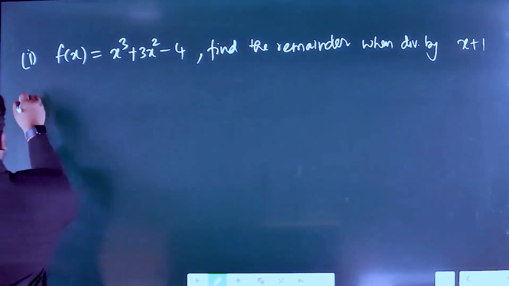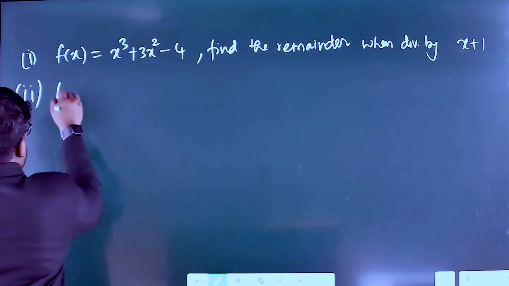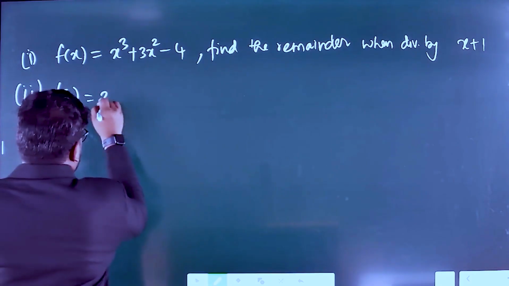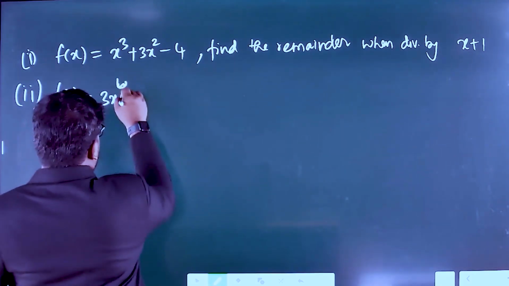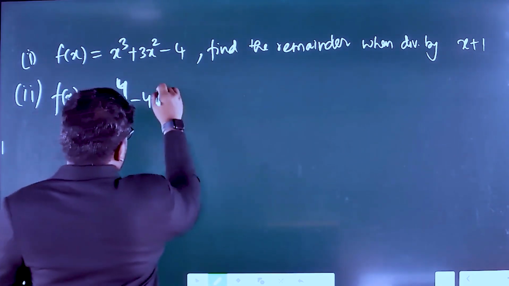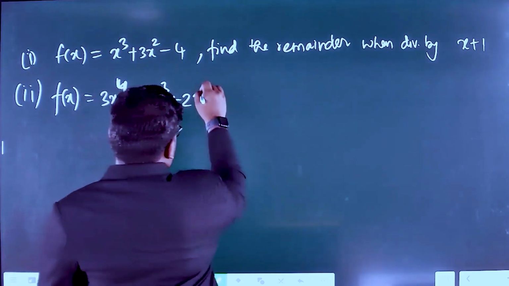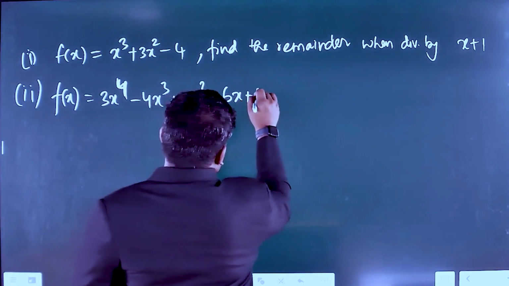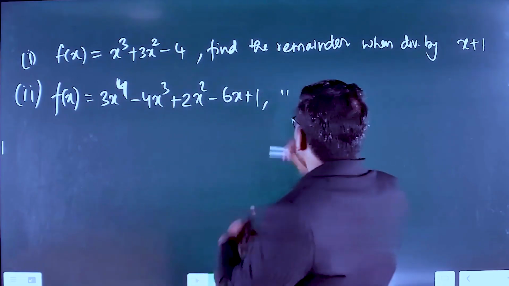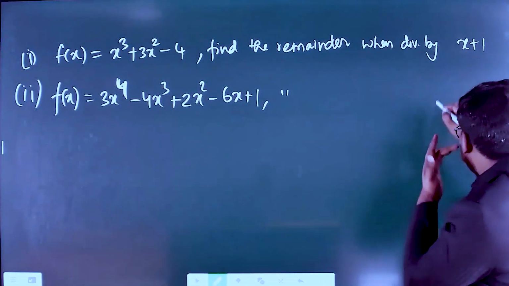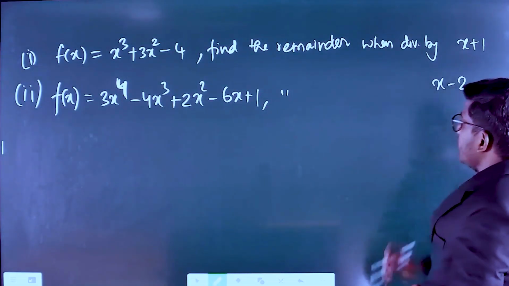Next, f(x) is 3x power 4 minus 4x cube plus 2x square minus 6x plus 1. Find the remainder when it is divided by x minus 2.